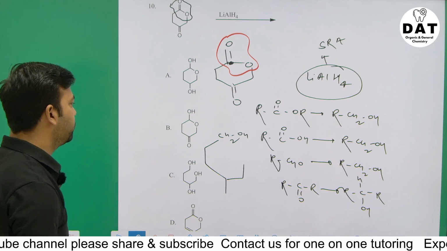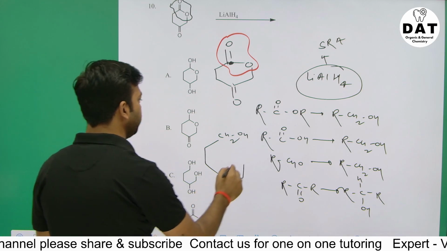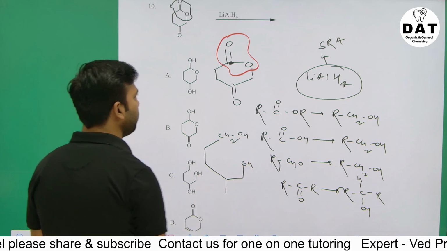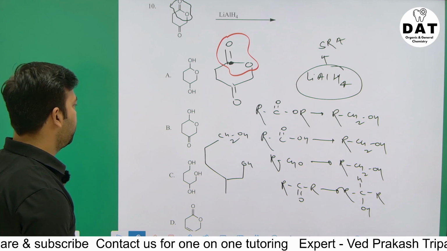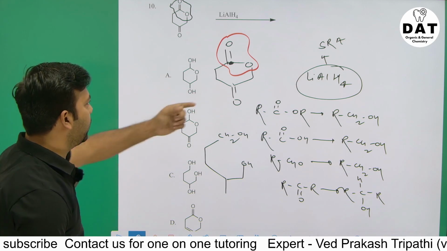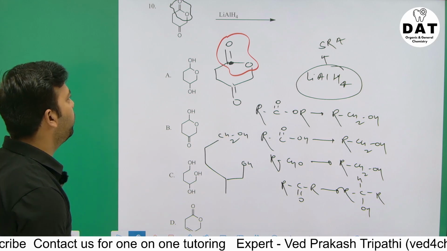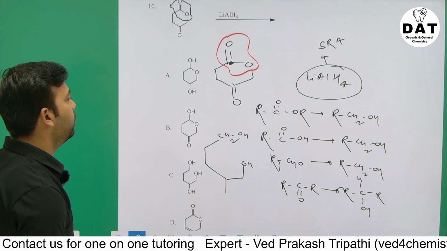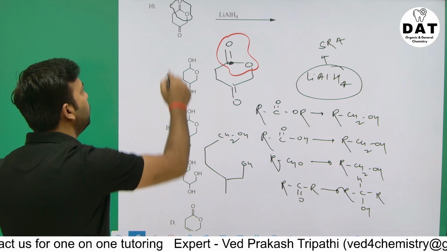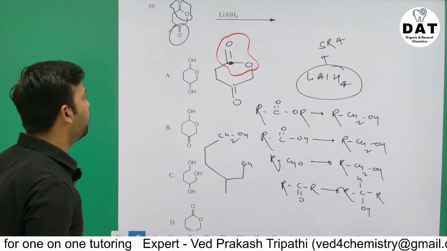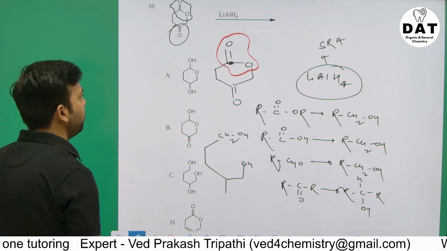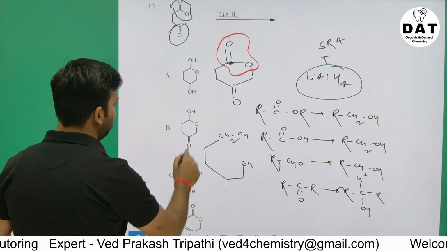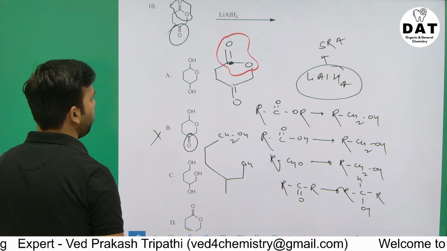Clear? And here OH as well. And your secondary alcohol will become, yes, your ketone. This is ketone. So ketone becomes secondary alcohol.